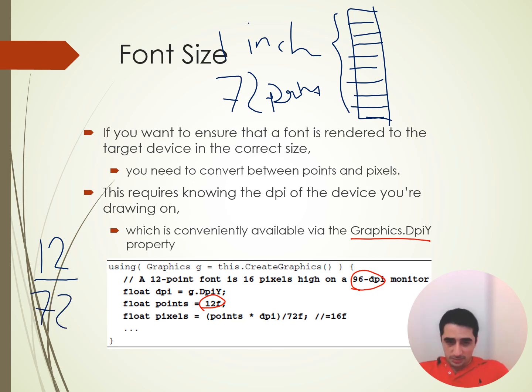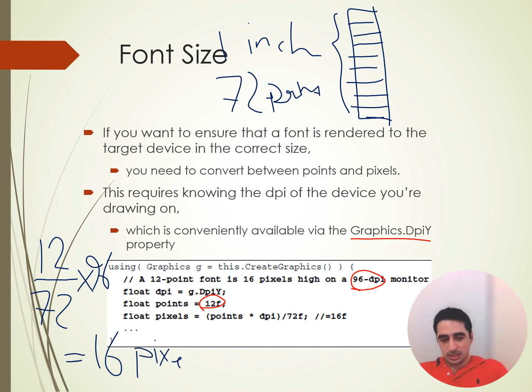That's the height of a single character in this font. Then we multiply this by the DpiY, which is 96, and the answer is 16. That is the number of pixels that make up the height of a single character in this font.